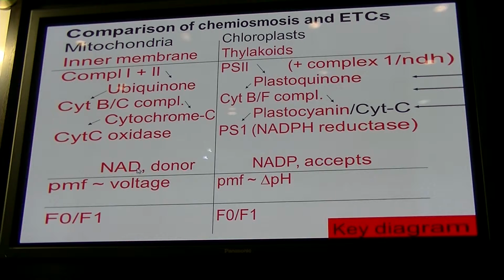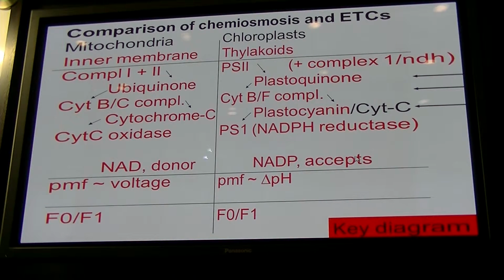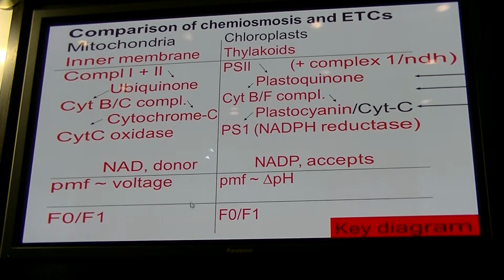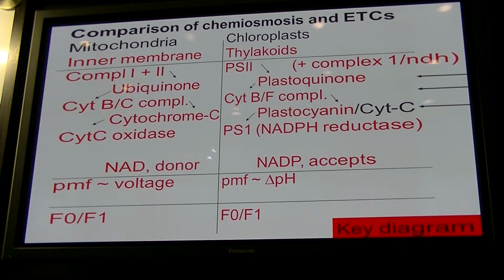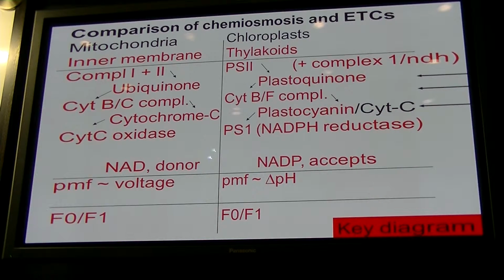In this case, in the mitochondrion, there's the NAD coenzyme, there is the NADP coenzyme. Here, NAD is the intermediate that donates to the electron transport chain. NADP plus accepts electrons. We have a proton motive force in the mitochondrion and in the chloroplast. In the mitochondrion, I've argued that proton motive force is mainly a membrane potential, hardly a pH difference, because the protons would only diffuse out of the mitochondrion.